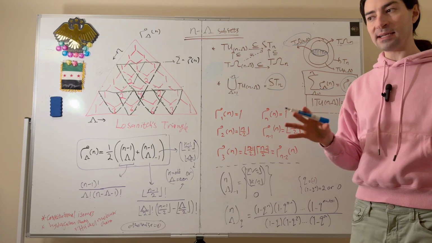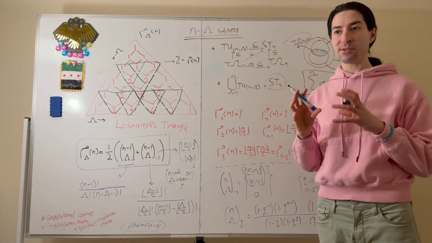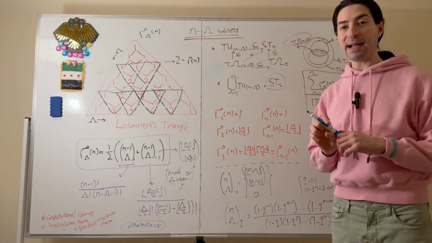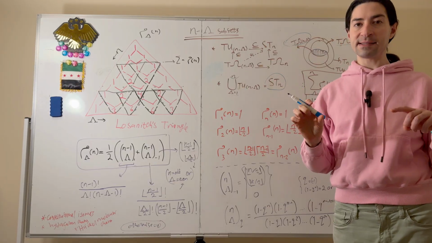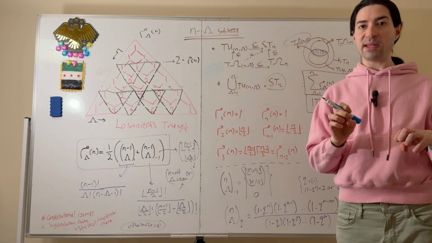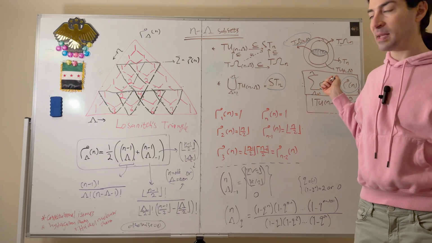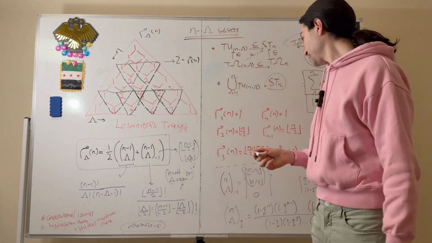So if you add the sizes of all the subsets, you get mean of n. Notice that if these sets had any intersections between them, then you can't say that. But in this case, we can.